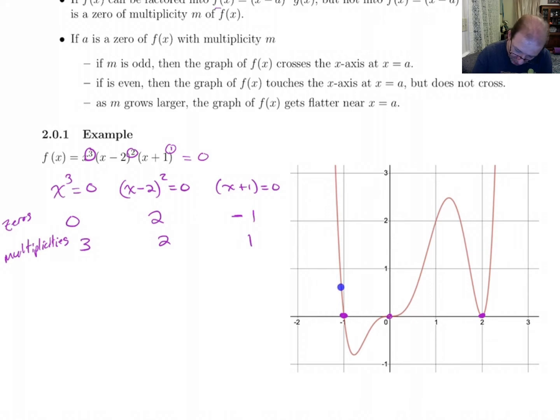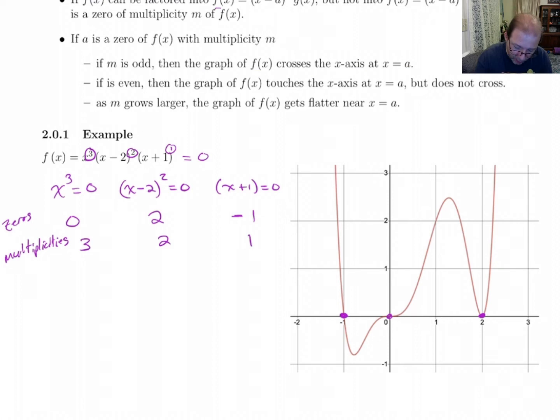That happens here. We cross the axis here because this multiplicity is 1. And we also cross the x-axis here at 0, and that one had a multiplicity of 3. So whenever you have odd multiplicity, the graph is going to cross the axis at that 0.